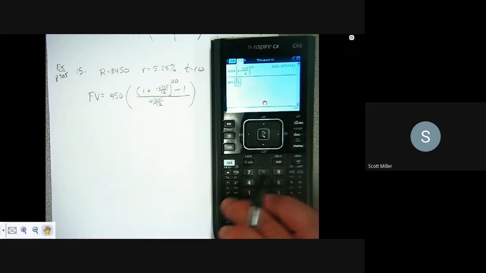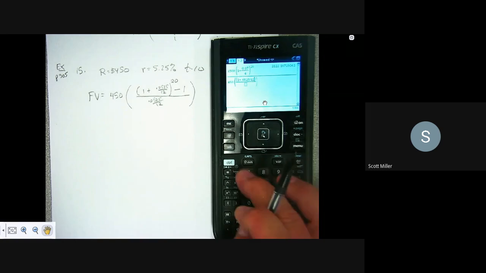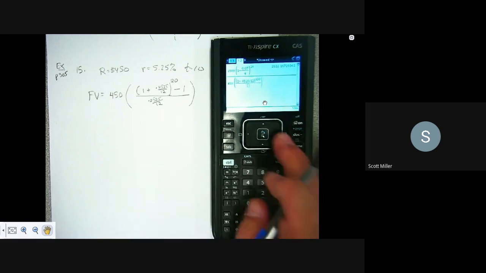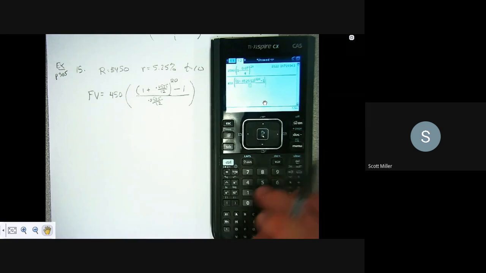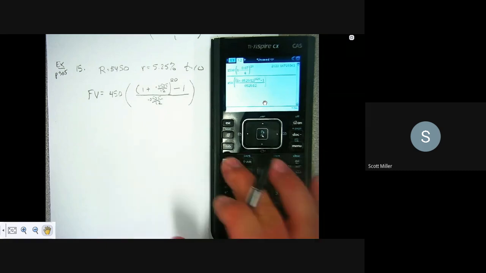And then here I'm going to have a parenthesis on top, and I'll have 1 plus 0.0525 divided by 12 raised to the 120 minus 1. And then down here, 0.0525 divided by 12. Control Enter.